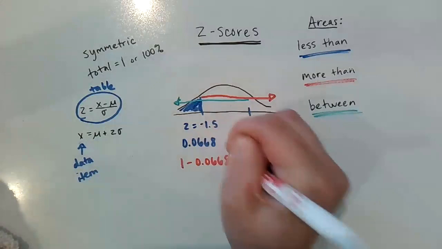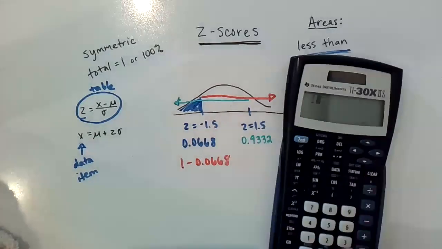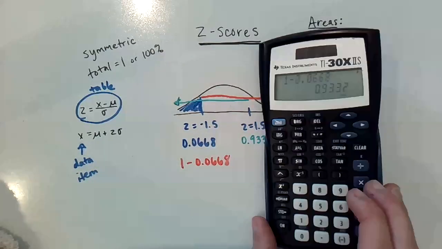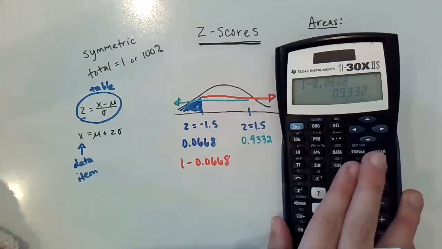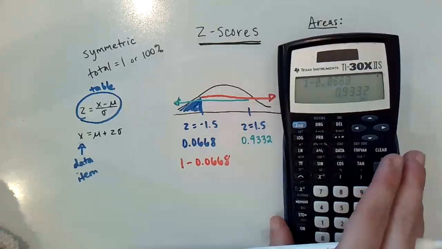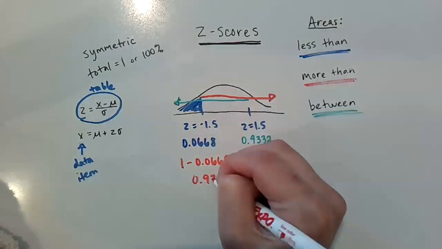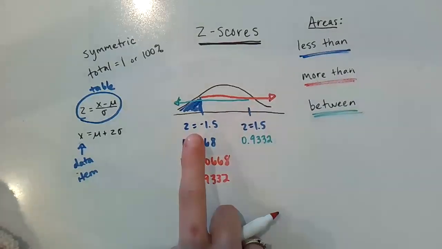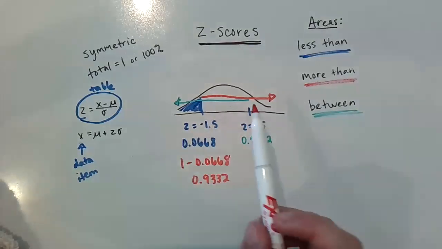I want you to notice what's going to happen if I subtract from 1. Notice in my calculator, we're getting the exact same decimal for the opposite z-score value. Okay, so we got the exact same decimal for the area as its opposite z-score value. And the reason why is because it's symmetric.